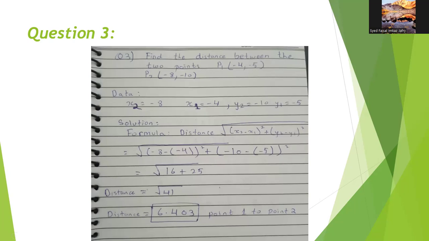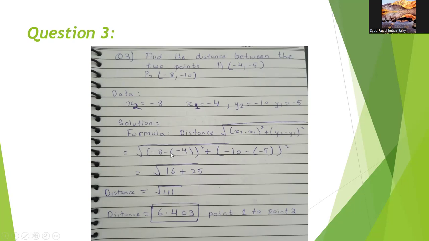Find the distance between 2 points, P1 and P2. Minus 4 is x1, minus 5 is y1, minus 8 is x2, minus 10 is y2. Now we put in the distance formula: square root of bracket open x2 minus x1 bracket close squared, plus bracket open y2 minus y1 bracket close squared. Remember the signs: it's minus 4, so the minus is still there.